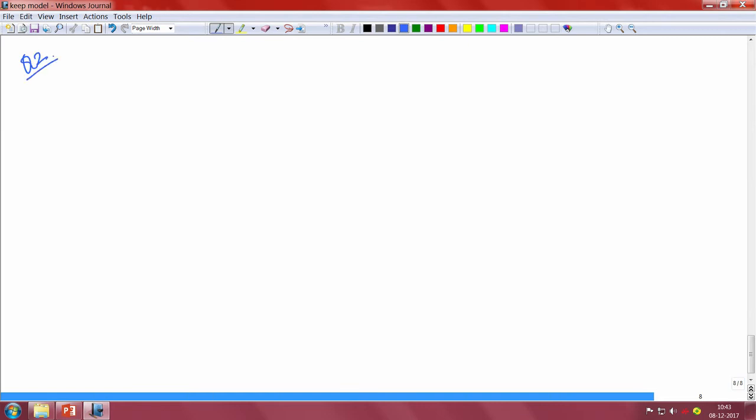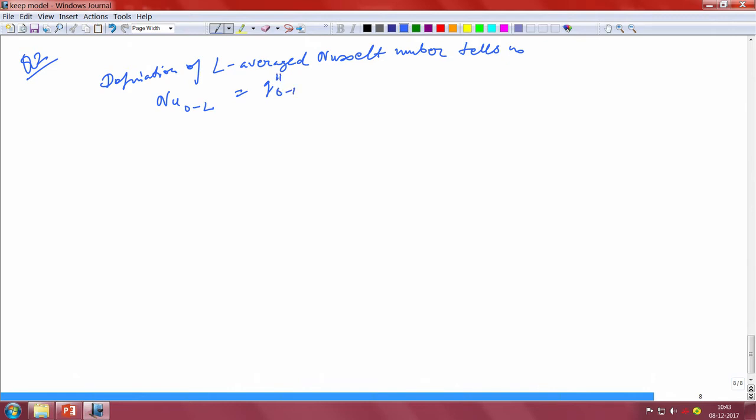Question 2. The definition of L averaged Nusselt number tells us Nusselt number 0 to L, k into delta t.